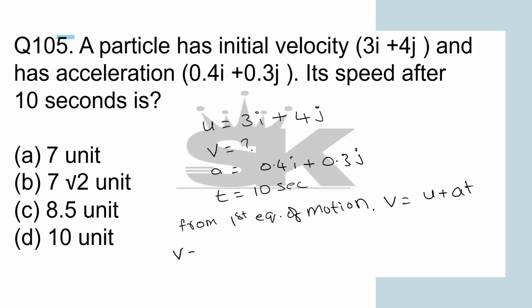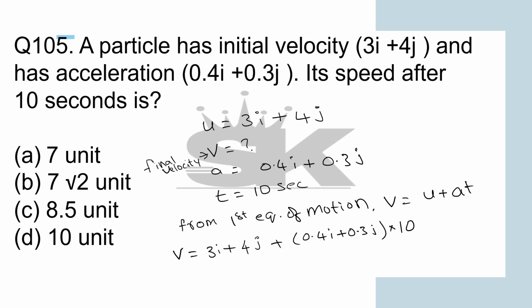Here v is the final velocity, and v equals u, the initial velocity, 3i plus 4j, plus the acceleration 0.4i plus 0.3j times t, which is 10 seconds.